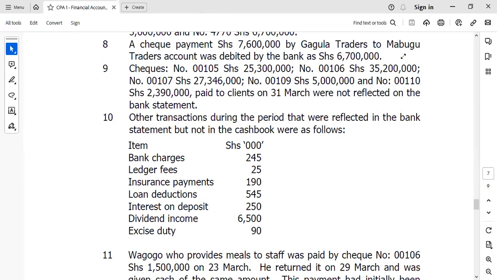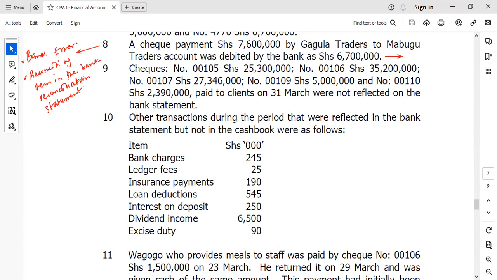This is a bank error, and this is a reconciling item in the bank reconciliation statement. We shall see how to deal with this in our bank reconciliation statement.